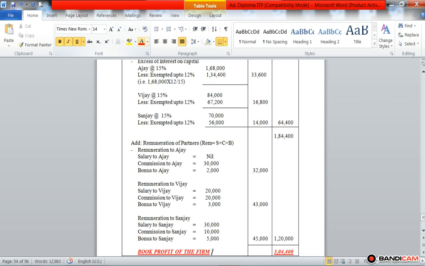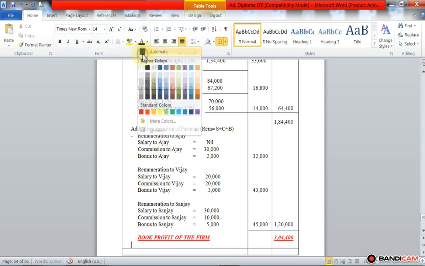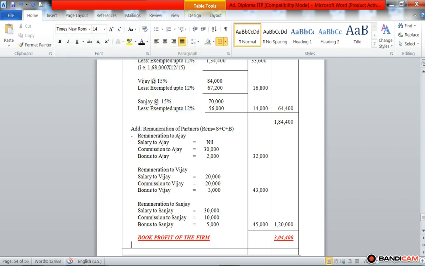Then we deduct the allowable remuneration.